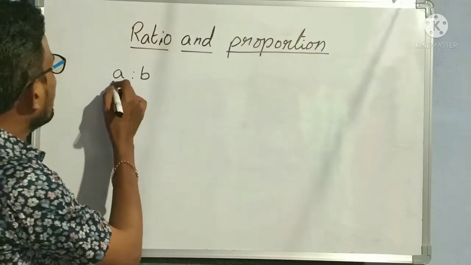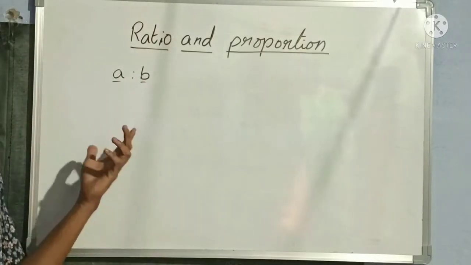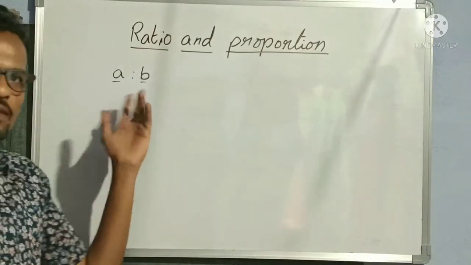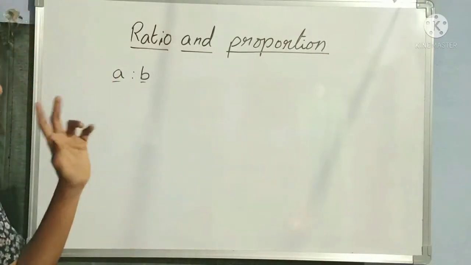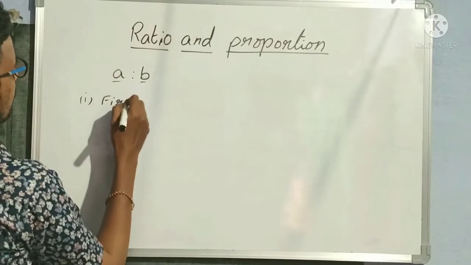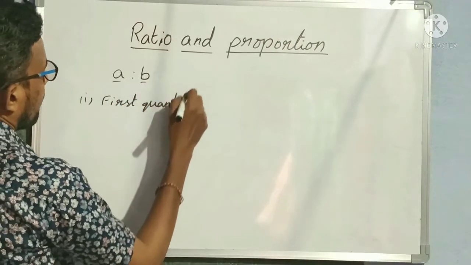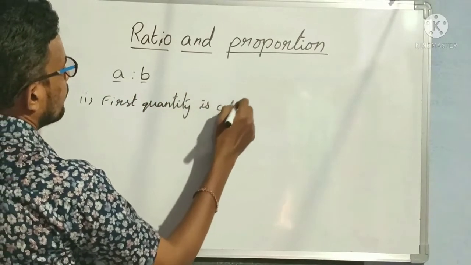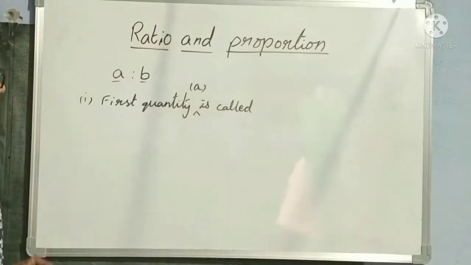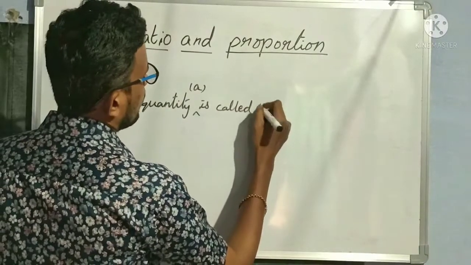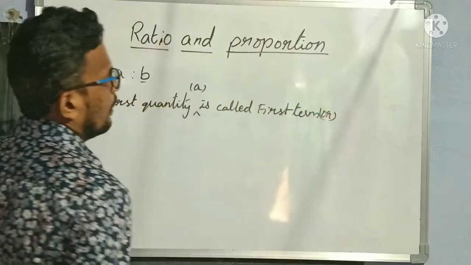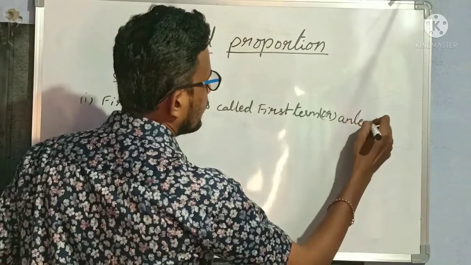So A is to B. Here these are two quantities of the same units, but we can't always just call them quantities, they have special names. Let us take the first quantity as A. The first quantity A is called either the first term or one more special name, the antecedent.